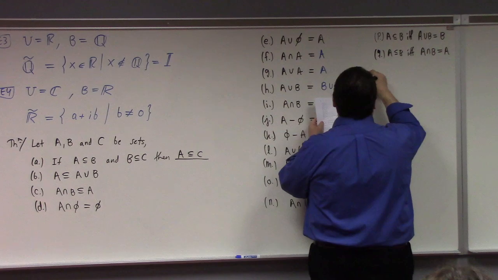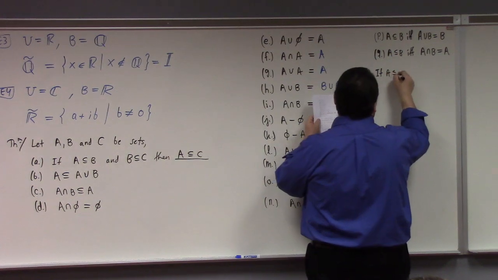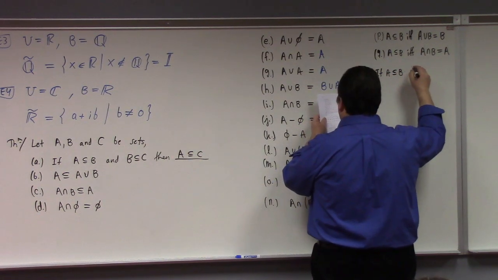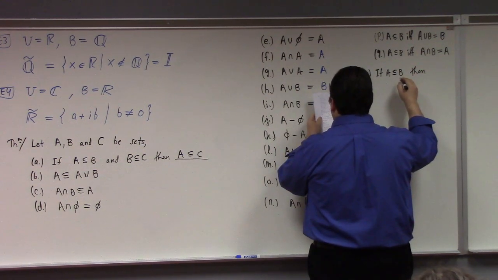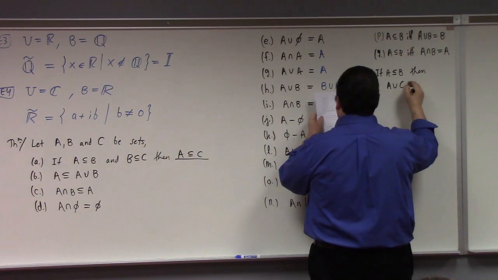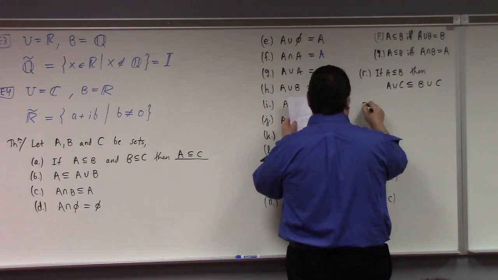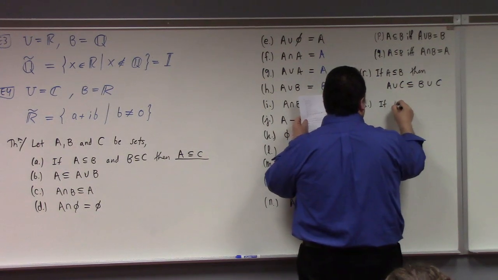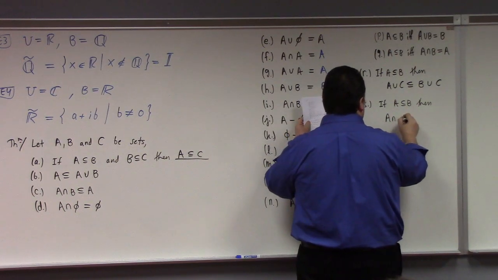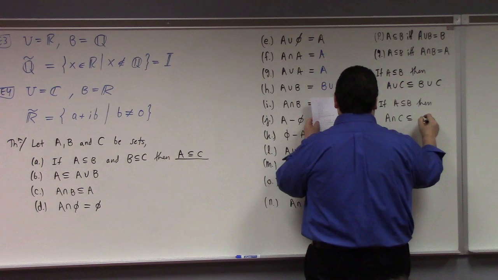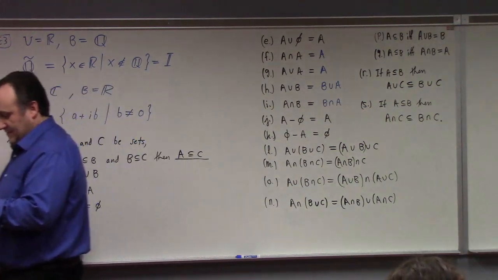R: if A is a subset of B, then I'll put the conclusion down here: A union C is a subset of B union C. And finally, S: if A is a subset of B, then punchline, A intersect C is a subset of B intersect C. I should be careful not to prove part S because that's your problem 32 in the homework. All right?